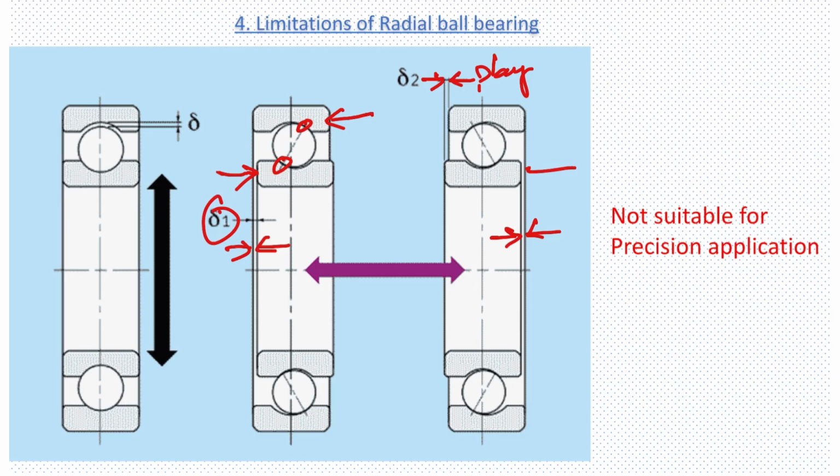Similarly, if this is loaded in the opposite direction, the contact point will become like this. So whenever we take this bearing, it is liable to have a very minor play which will be within this clearance value. Hence it is not suitable for precision applications.